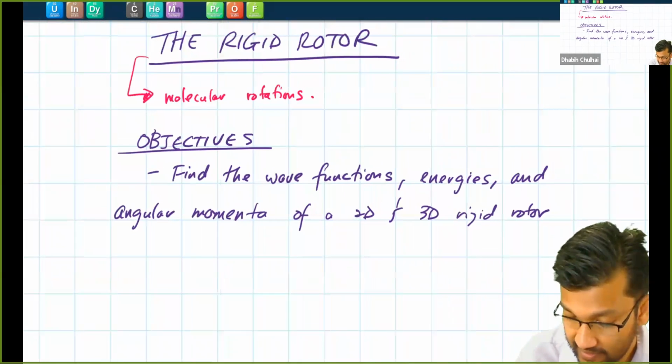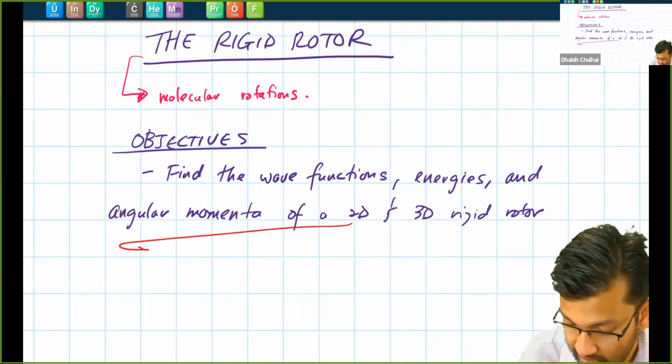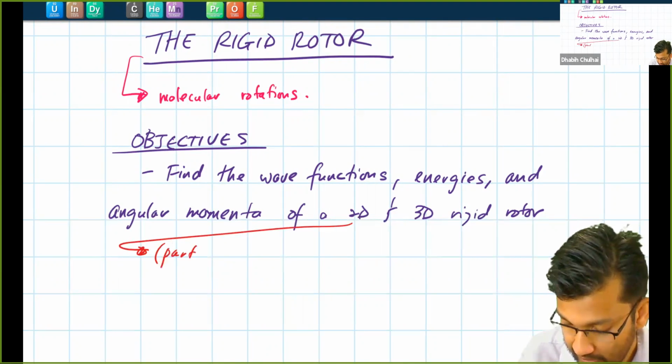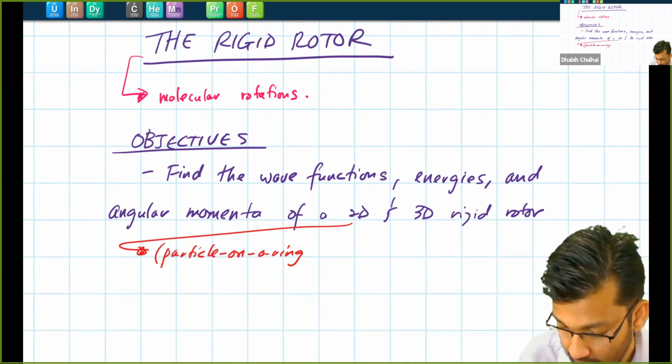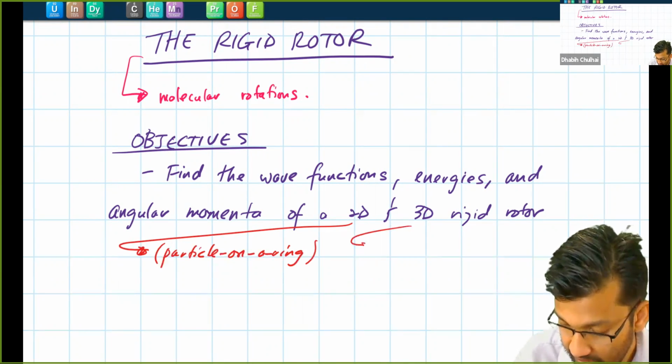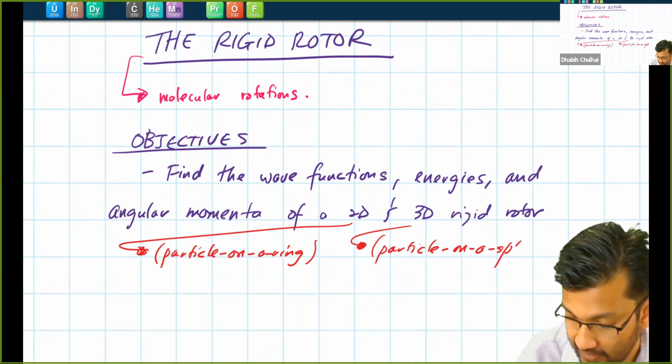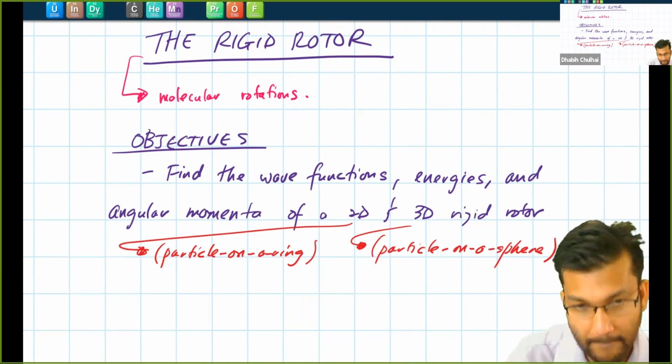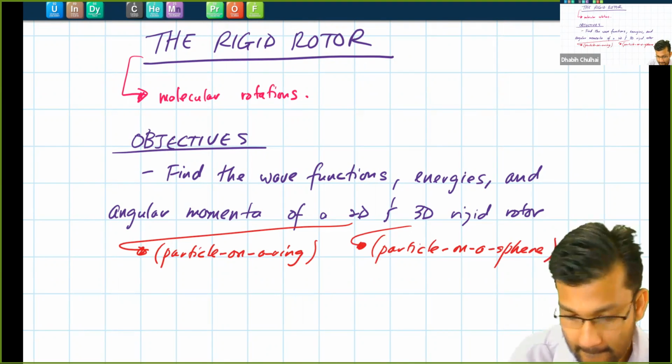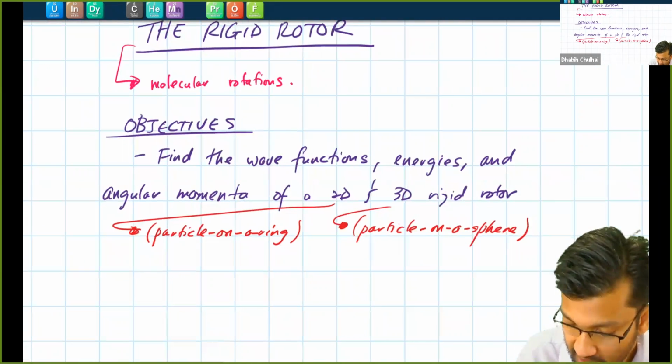In some cases, people will call the two-dimensional rigid rotor a particle on a ring. And people will call the three-dimensional rigid rotor a particle on a sphere. So that's going to be one of our objectives.